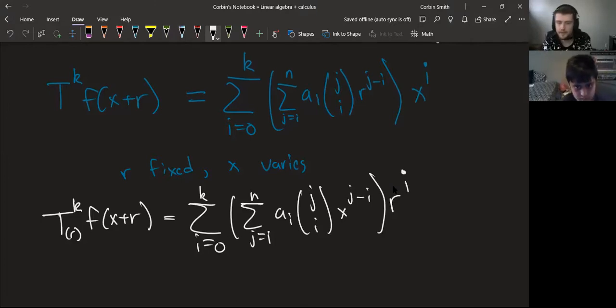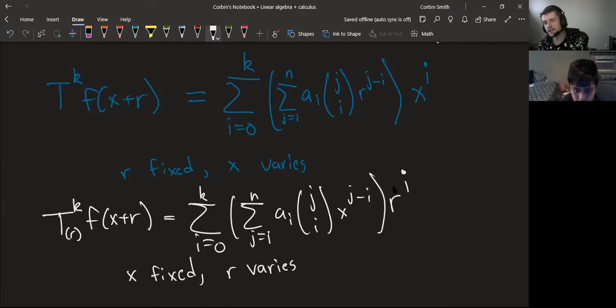If I put an r in parentheses on the k, that means write it with x fixed and r varying. And what if you want both of them to vary? Then it doesn't really matter which way we write it, but one of them has to be fixed if you write it either of these ways.